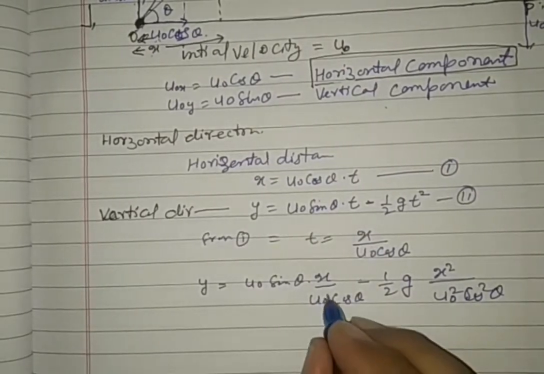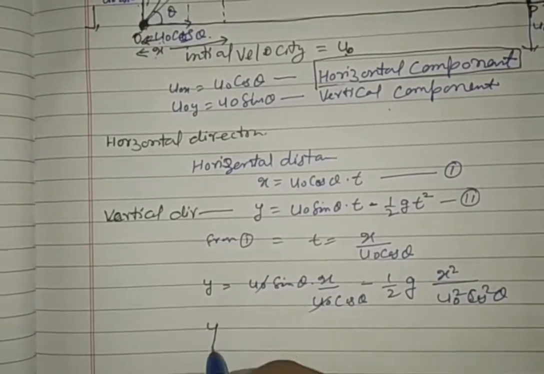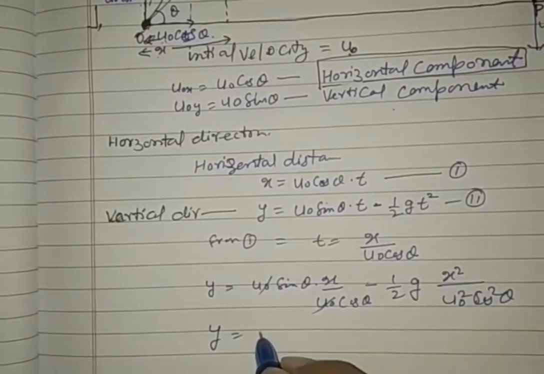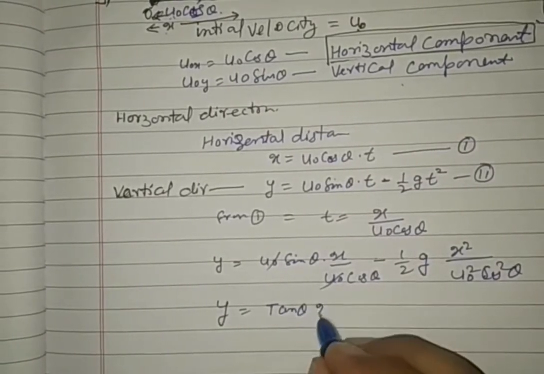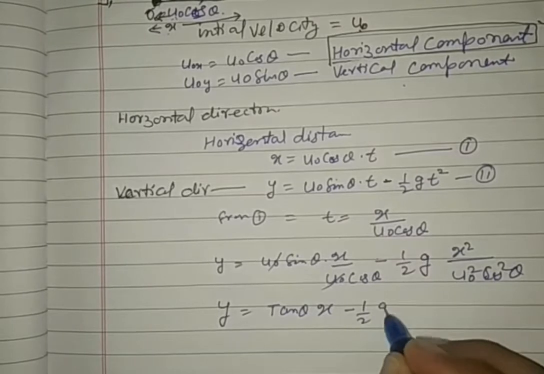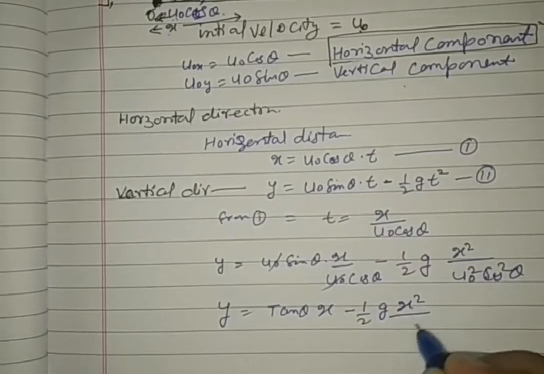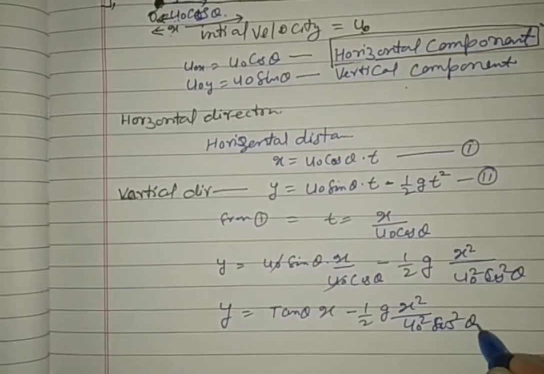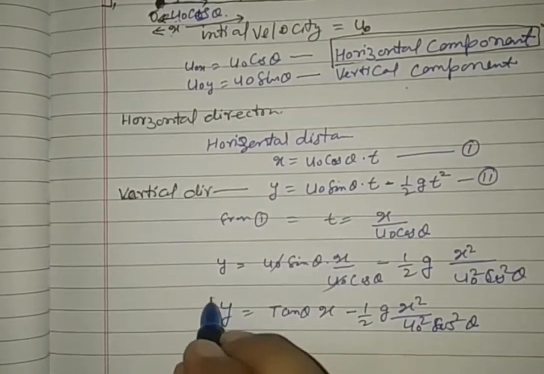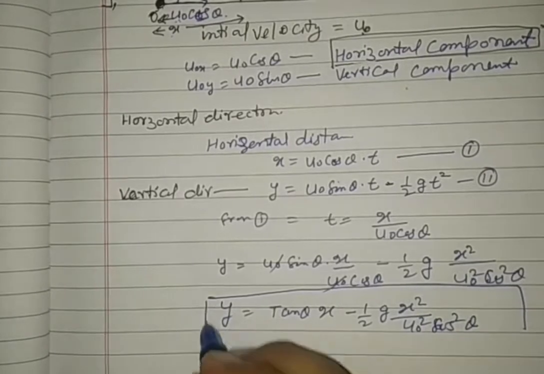See here, u naught is cancelled by u naught, so y is equal to sin theta by cos theta, which is tan theta, into x minus half g x square by u naught square cos square theta. See, this is equation 3.